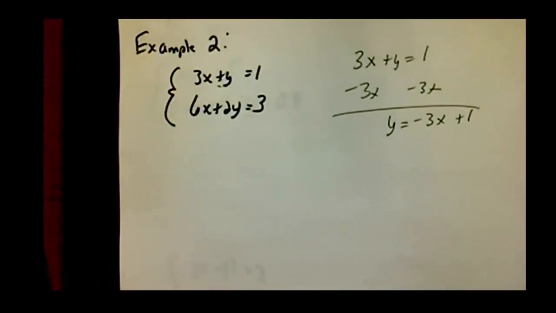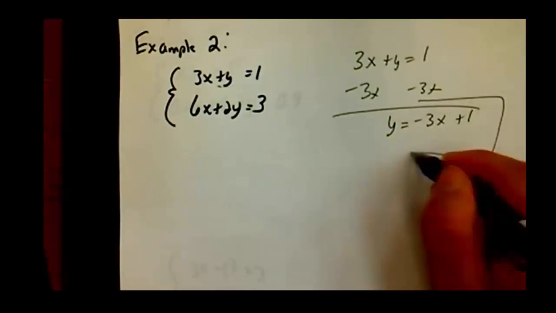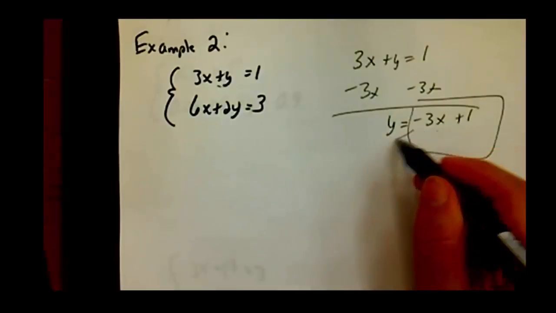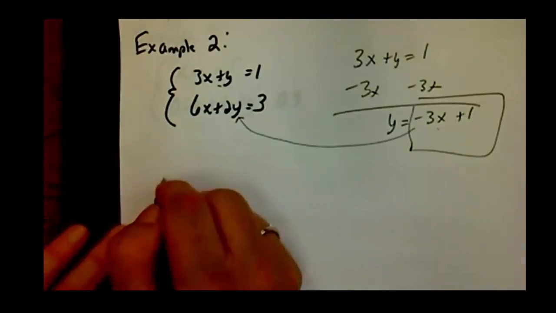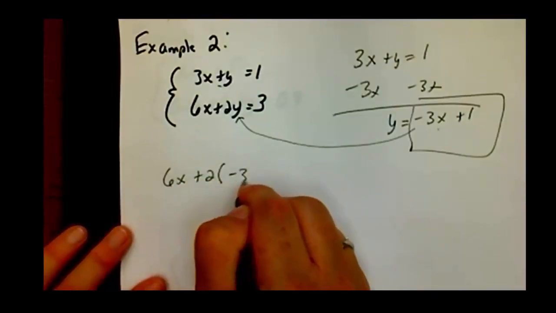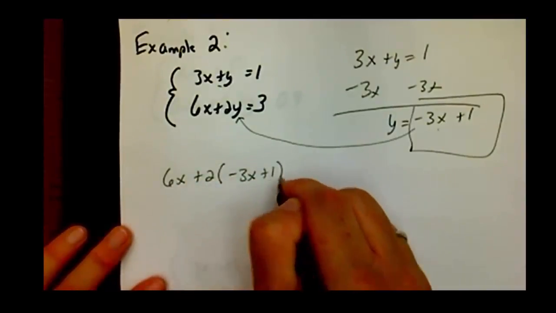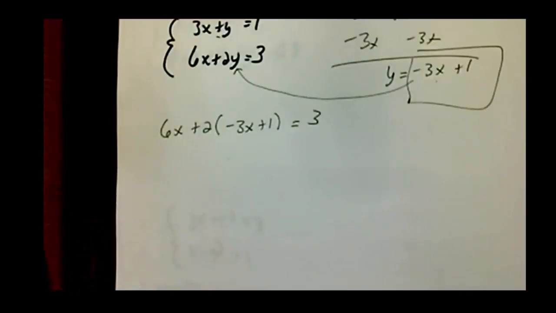Once I do that, I can take this piece and plug it in where y is in my second equation. Don't plug it back into itself because it won't work. So 6x plus 2 times negative 3x plus 1 is equal to 3. If I stick it in there, I'm good to go.